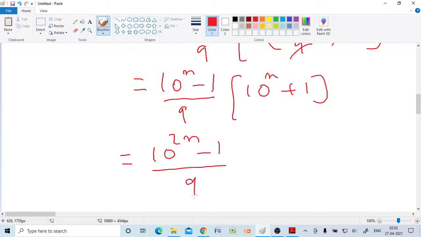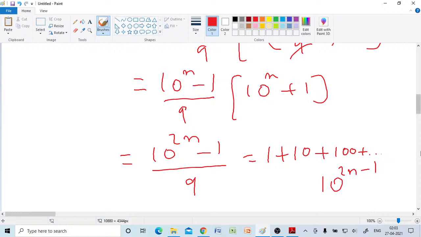So what is this actually? This is nothing but 1 plus 10 plus 100 plus dot dot up to 10 to the power of 2n minus 1, right?